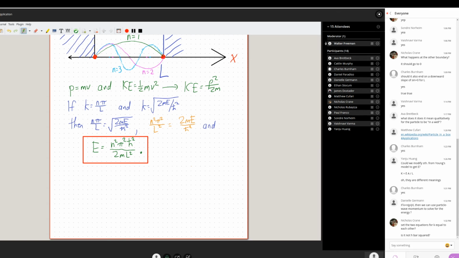Let me give you a bit of an example. In classical mechanics, if I have a system that's oscillating back and forth, then that system can have kind of any energy it likes.